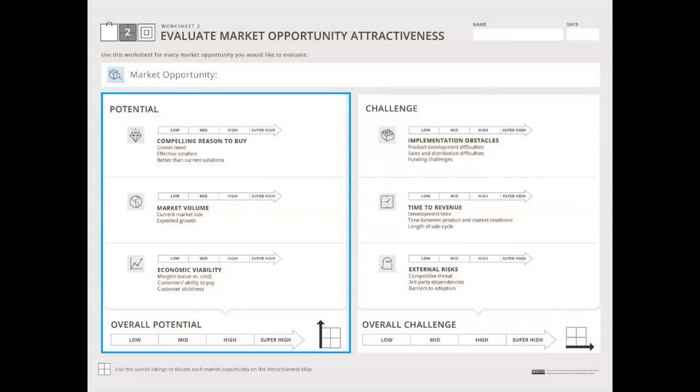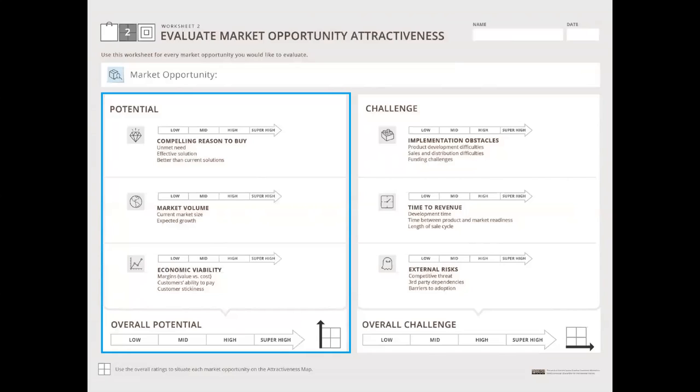Let's look at it. The left side of worksheet 2 is to assess the overall potential. It includes 3 main factors, and the idea is that you try to evaluate each factor on its own using the scale that you see here, ranging from low to super high. And once you evaluate each factor in its own right, you can then use this to estimate the overall potential.